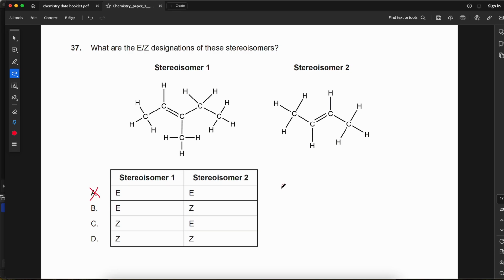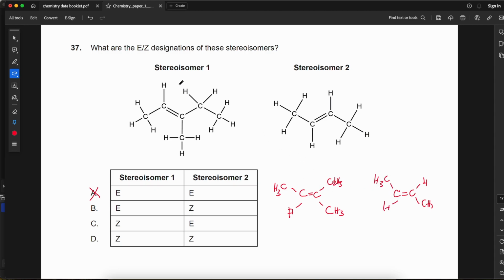So the first one will be CH3, C double bond C, and C2H5, and H and CH3. And for the second one, that would be C double bond C, H, CH3, H, and CH3.